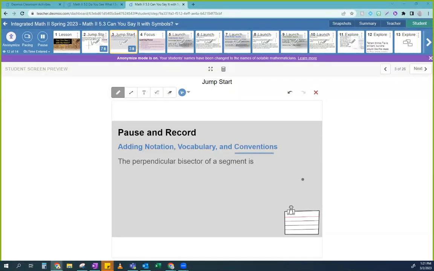Not like the convention center in downtown. A little different, right? So a convention is like when I say something, it's by convention. Like when I say red, what does red mean to you guys? Yeah, red means stop. But does red actually mean stop? No, it's just by convention.